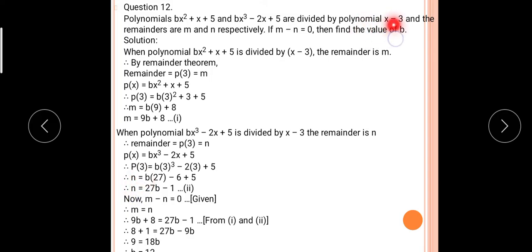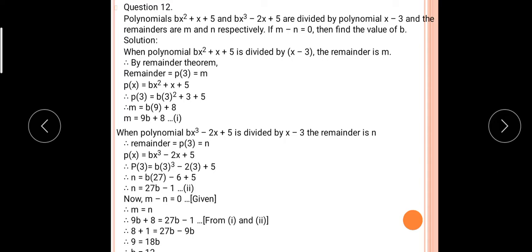What is p of 3 for the second polynomial? It is n. Therefore n is equal to b into 27, minus 6, plus 5, so n is equal to 27b minus 1.